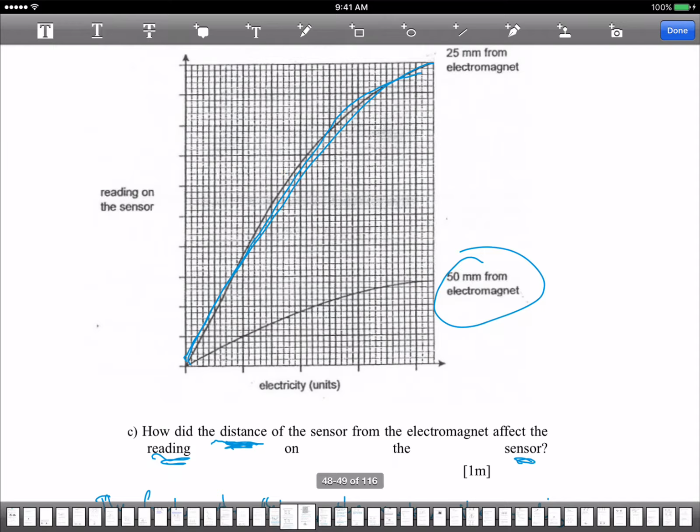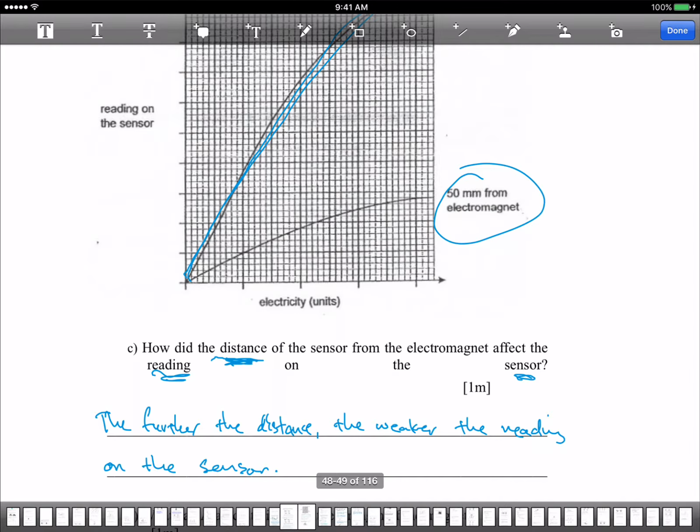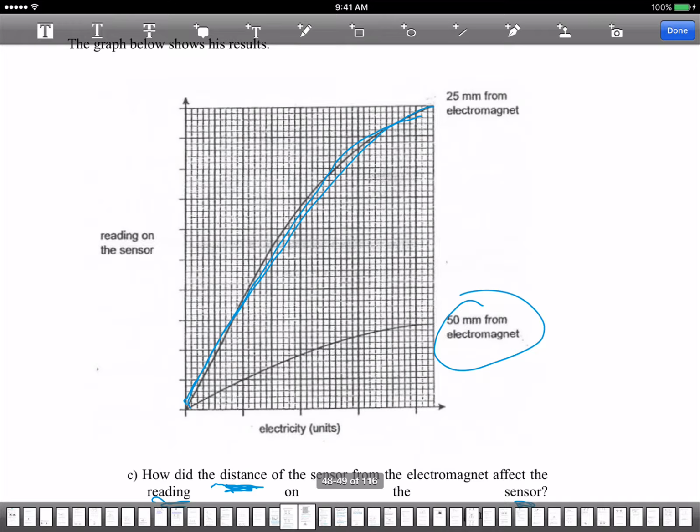The distance from the electromagnet. So the further the distance, the weaker the reading. Right, the further the distance, as you can see here, 50 mm is further than 25 mm. So the 50 mm registered a smaller reading, smaller than the 25 mm.